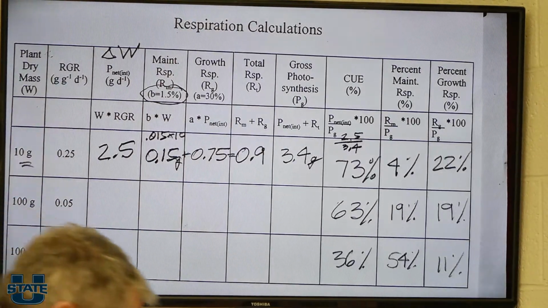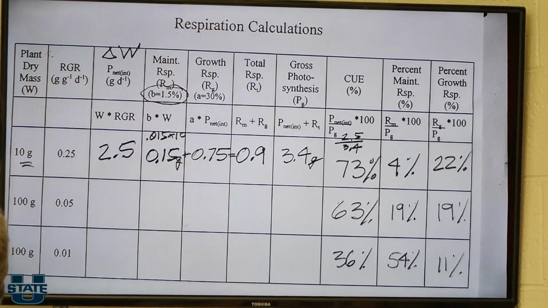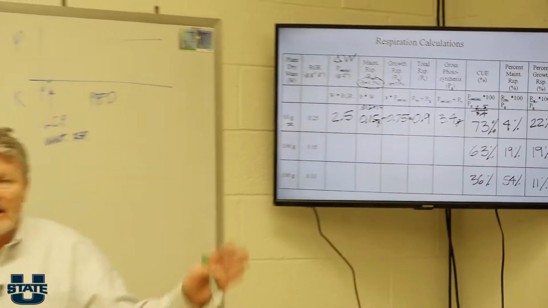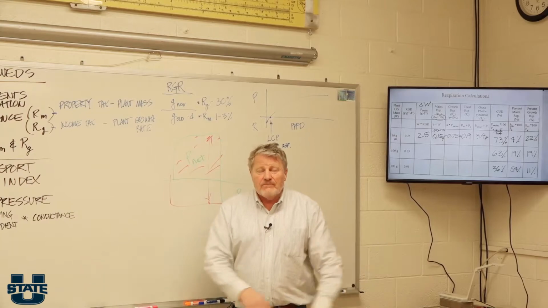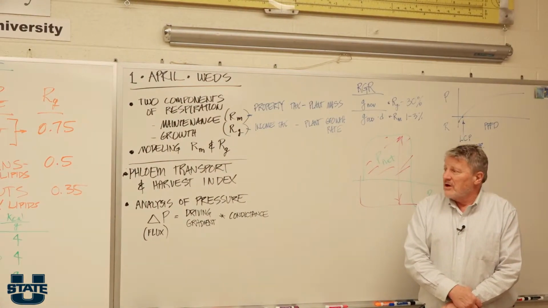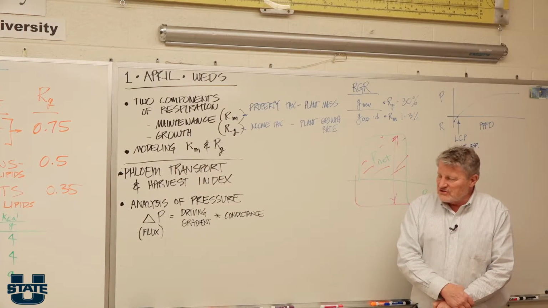So this is maintenance and growth respiration and how we break it down to better understand what the potential is for respiration. In conclusion, for this whole respiration section, having worked on this a lot in this lab and with colleagues around the world, it is hard to improve respiration efficiency.